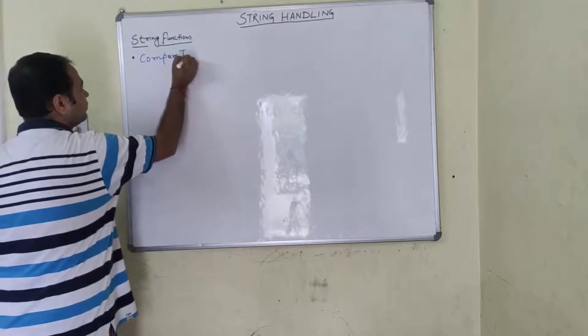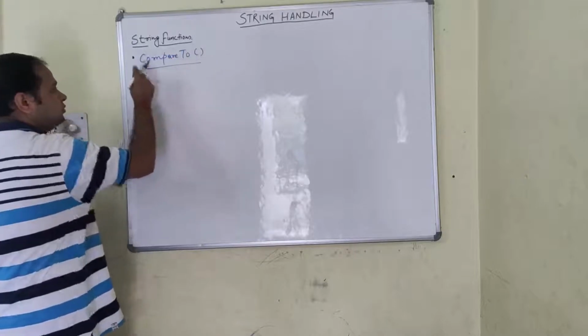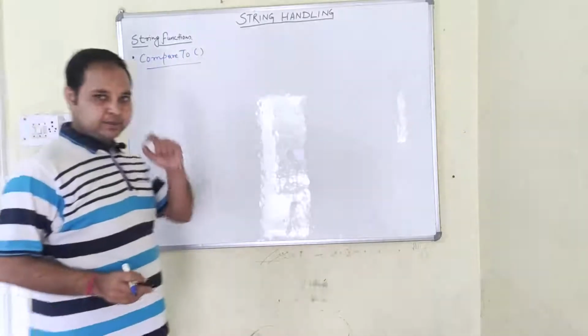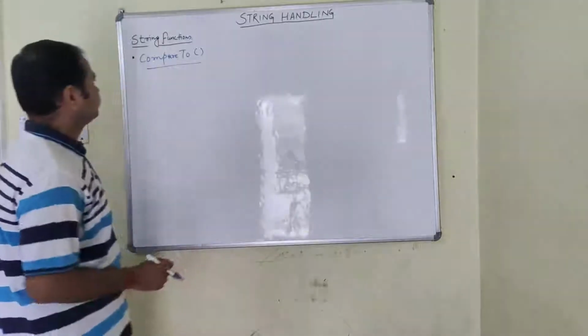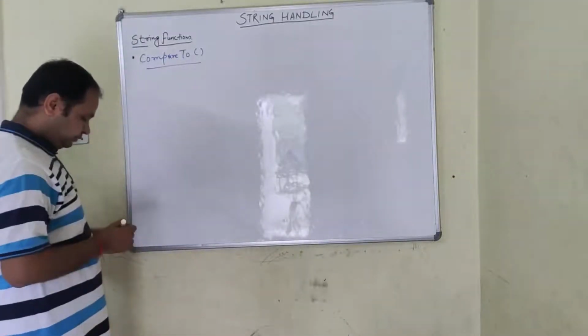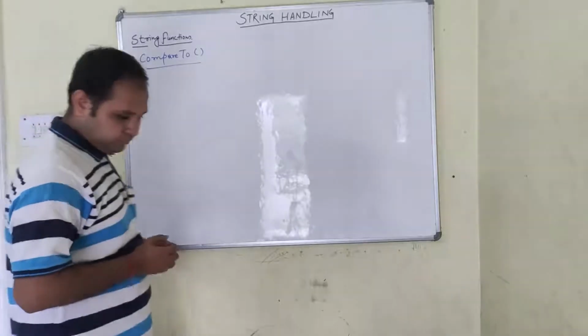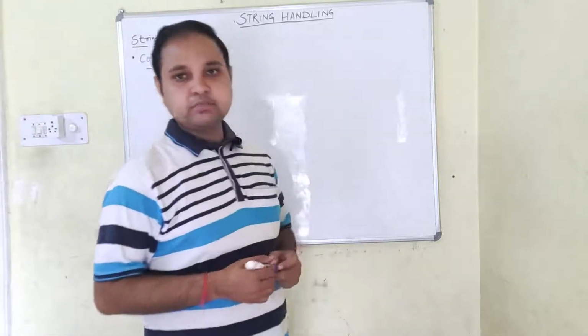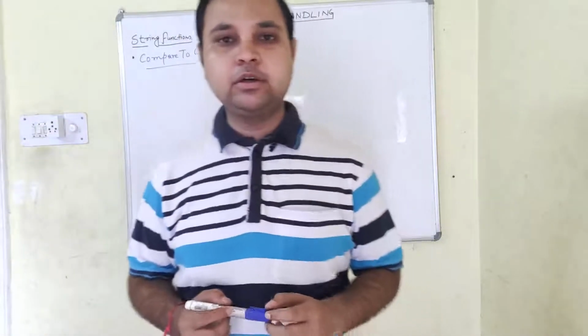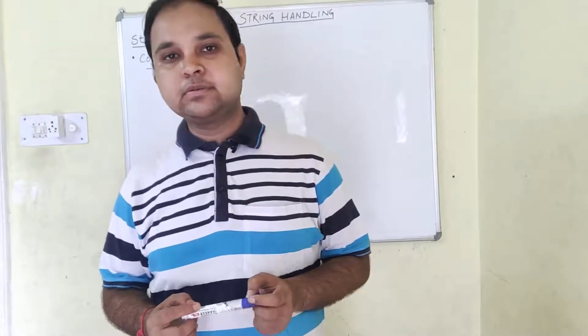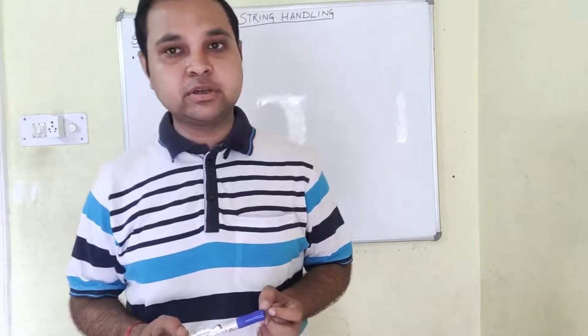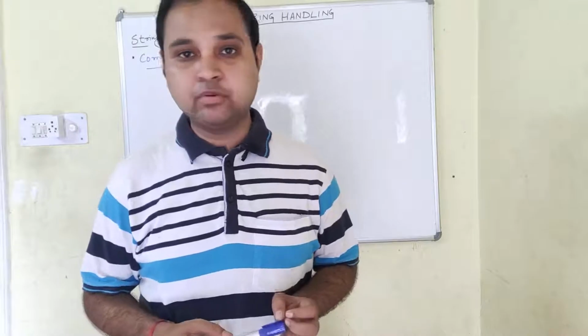Compare to. The T is capital, the rest are in small letters. So we have dealt with the equality of the strings, but till now we have not dealt with greater or less, meaning which string is bigger and which string is smaller. We have not come to that particular function.